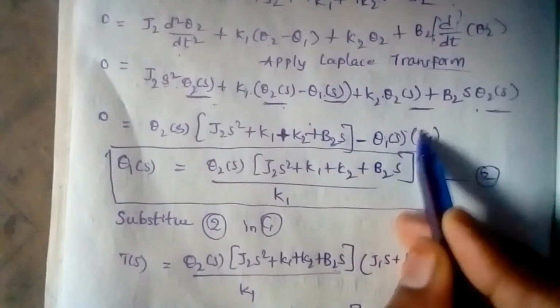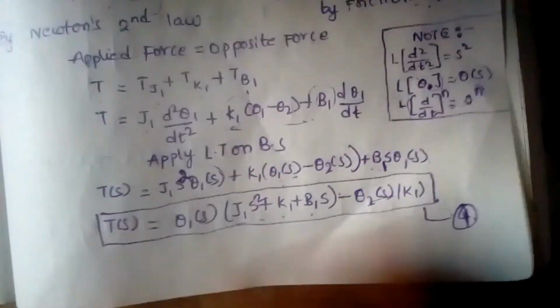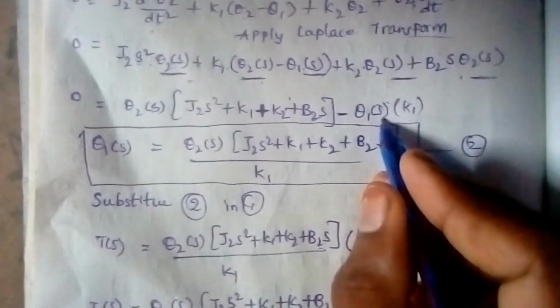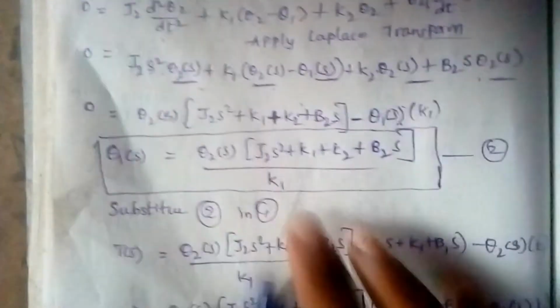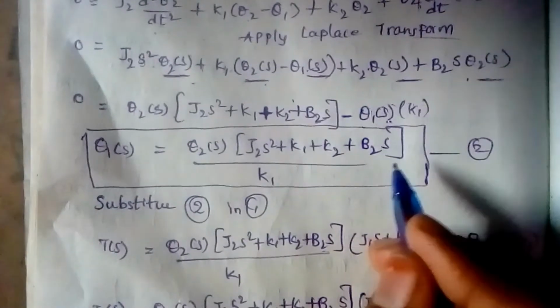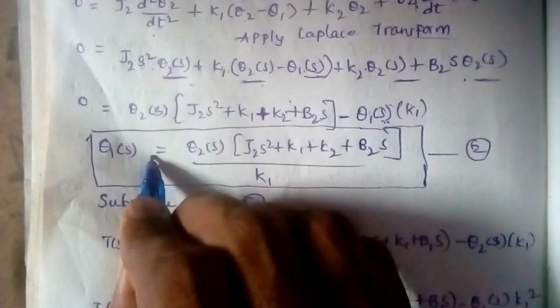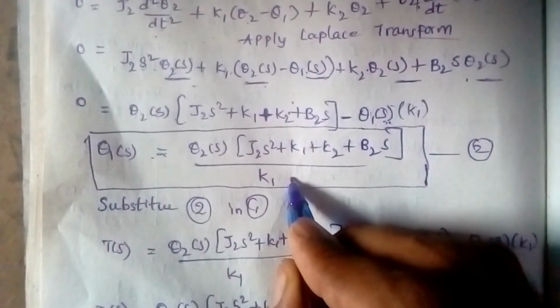Here we can observe that in the first equation there is theta 1 of s, and here also there is theta 1 of s. If we move that to the LHS, then we will get theta 1 of s, and we will substitute 2 in 1. Therefore we move K1 into the denominator.